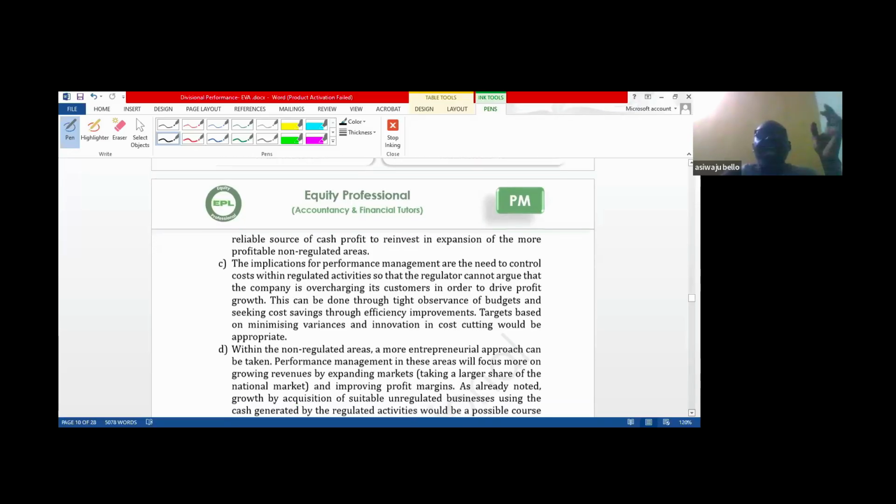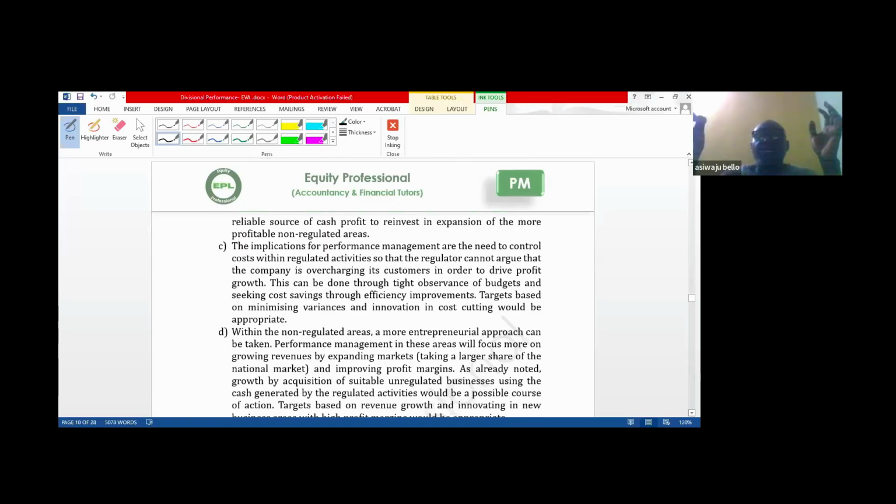This can involve tight control of budgets, or tight observance of budgets, and seeking cost savings through efficiency improvements.